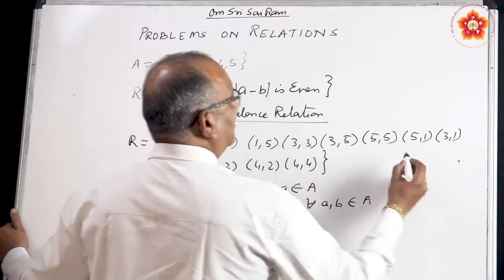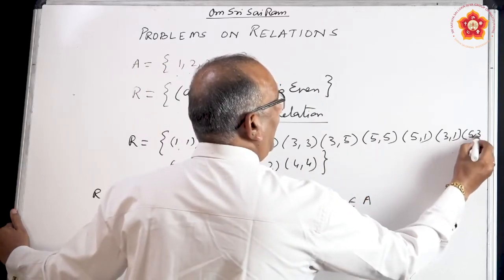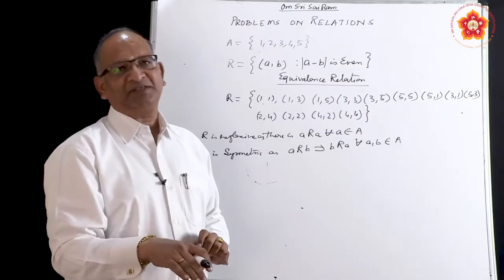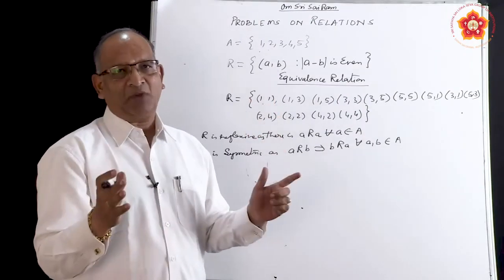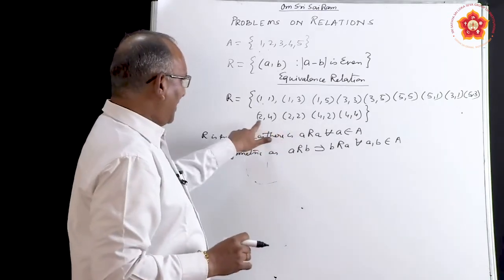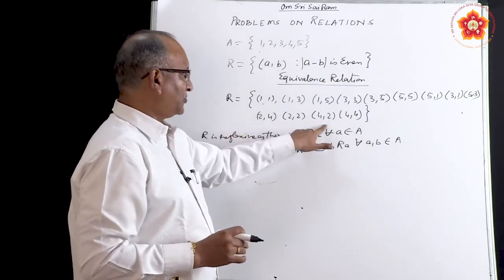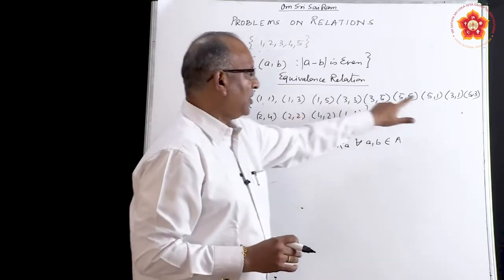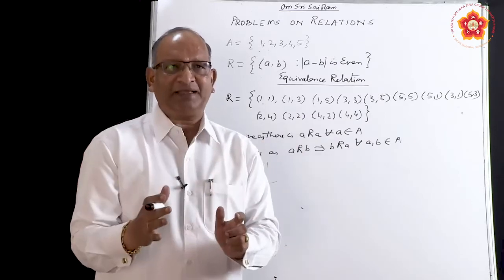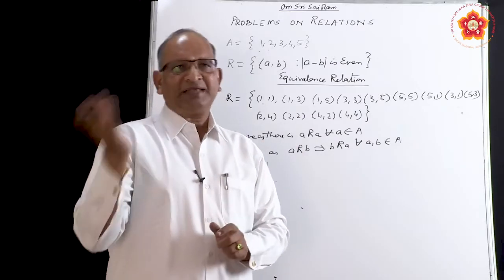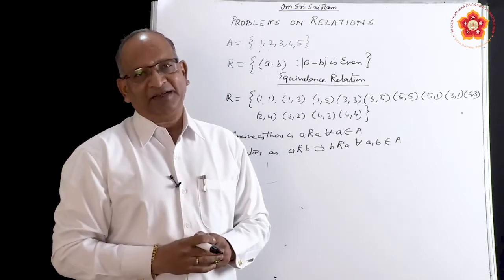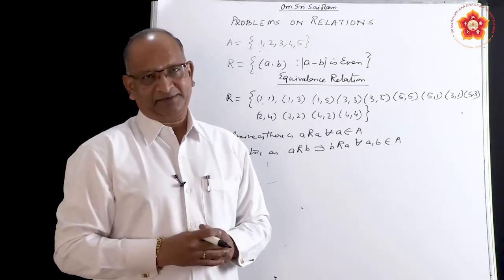You can also write, because 5 minus 3 is even and 3 minus 5 is also even, and since you are taking modulus, it is going to be positive only. If you have (2, 4), you have (4, 2). If you have (1, 5), you have (5, 1). So we find that if A is related to B by the given relation, B is also related to A by the same relation. So we conclude that the given relation R is symmetric.